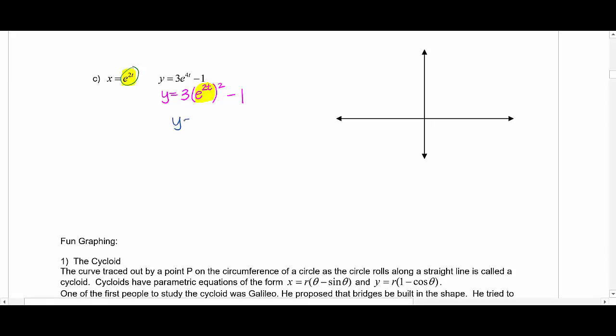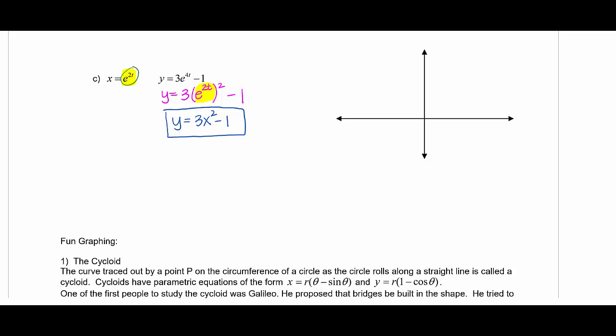So really, I'm just graphing 3x squared minus 1. So I know exactly what this looks like. Okay, and again, I could certainly use natural log and do it the same way that I did before, solve all the way for t and then substitute that in.